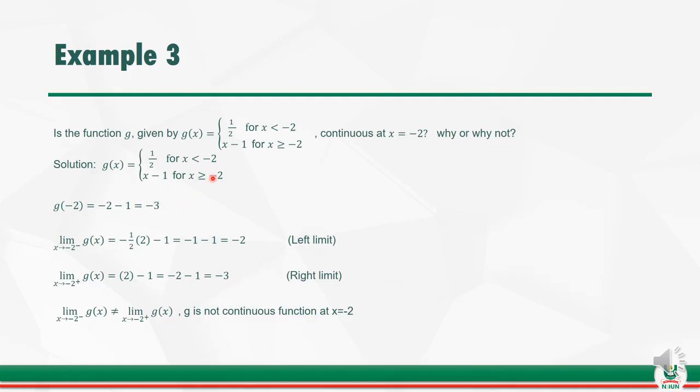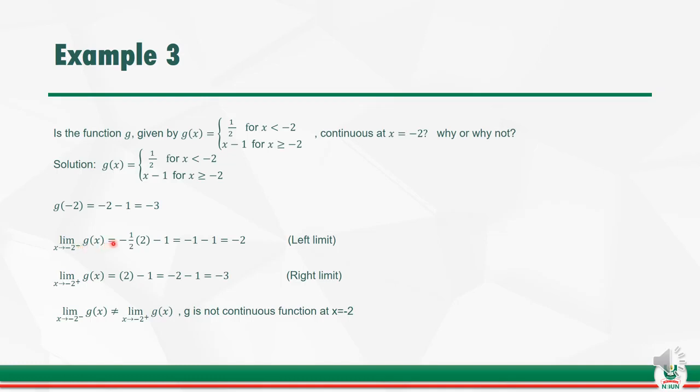This one moves from left to right, so we have to test what we call left limit and right limit. To work on the left limit, we have the limit of g of x as x tends to minus 2 from the minus side. This minus means left, it has no effect on the value, it just means left.